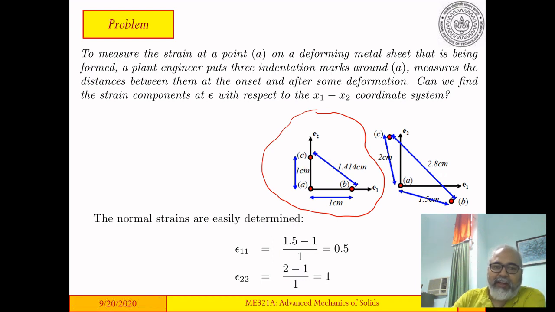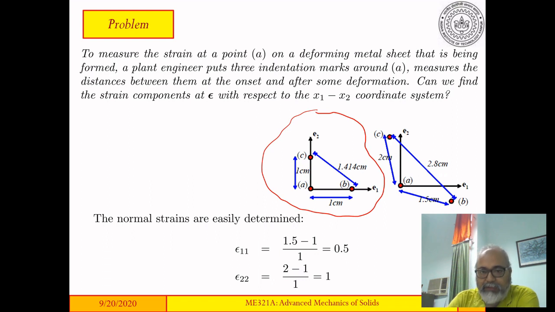I don't have any strain gauges, about which you are going to learn towards the end of this week. I don't have any strain measuring instruments. All I have is a scale. So that's what I have to use in order to measure the strains that are happening on the surface of the sheet metal as it is being formed.